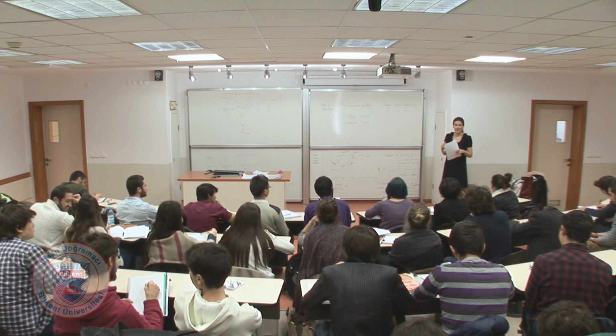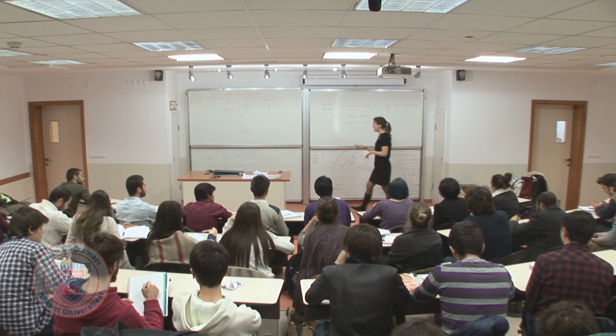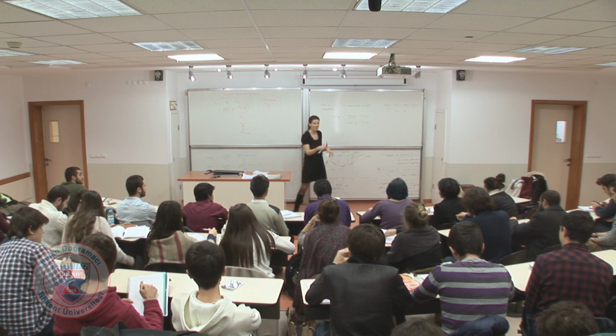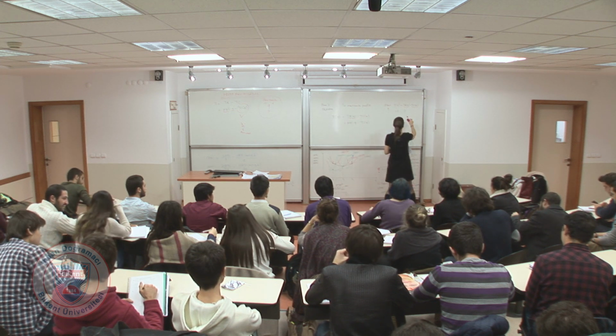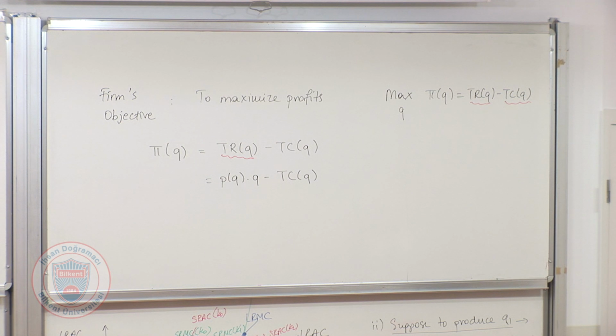So it is subject to nothing, okay? There is none. I keep doing this: I solve this and I say you cannot solve it like this. There is no subject to, okay? So this is going to be so good: no more Lagrangian or anything. This is going to be an unconstrained optimization, okay? That's it.